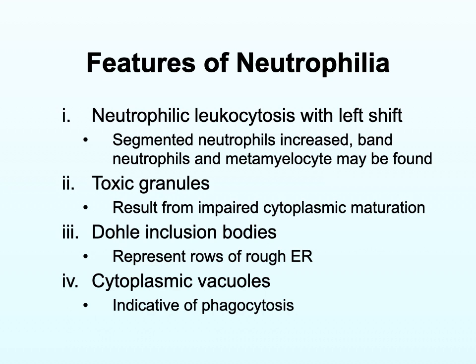So what are the toxic changes? These are the presence of cytoplasmic toxic granulations, Döhle bodies, and also cytoplasmic vacuoles. So these three are actually the description of qualitative disorders, which we will talk about in the later part of the lecture.